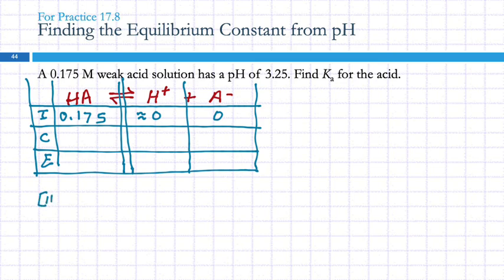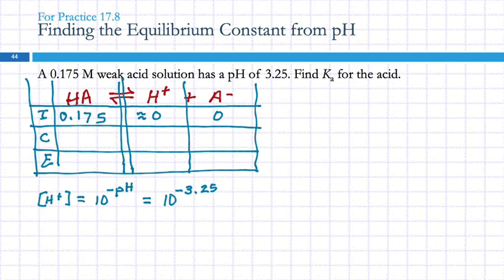The hydrogen ion concentration is equal to 10 raised to the power of negative pH. So 10 to the negative 3.25. Domain error. What did I do wrong? Oh, I did log. Yeah, I just can't do log of a negative number. 10 to the x, there we go, minus 3.25.